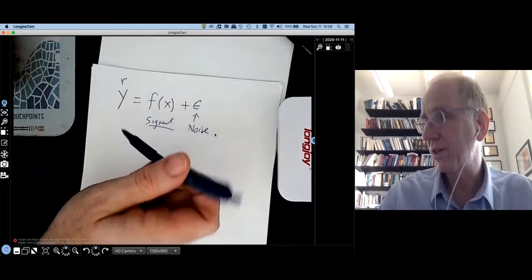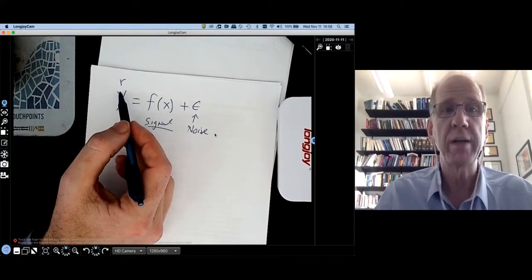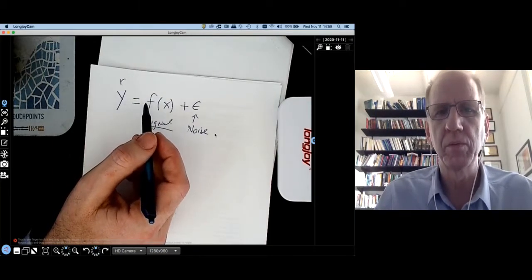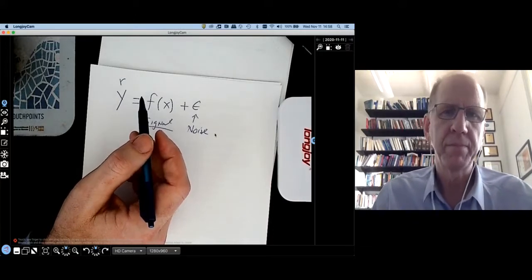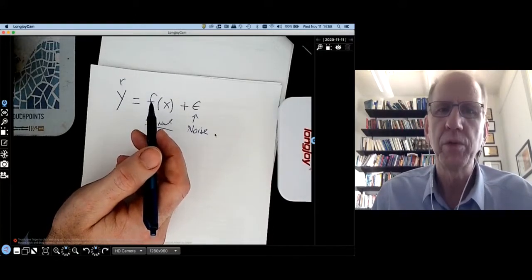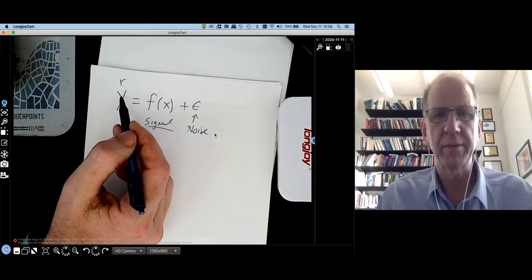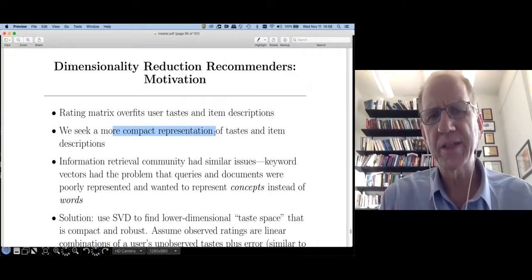So think of that as your X's. These are the things that are going to explain why I like movies. It's kind of simple to say I like comedies, but what if there are other things that make up my taste in movies that would explain why I like certain movies and dislike other movies? So what we're going to try to do is identify these.